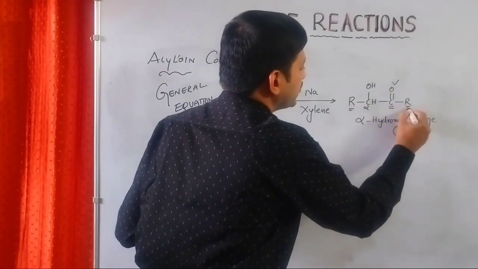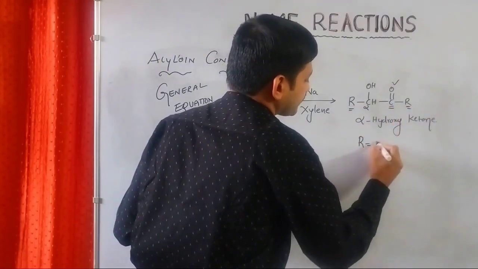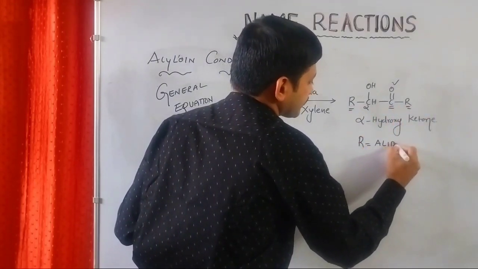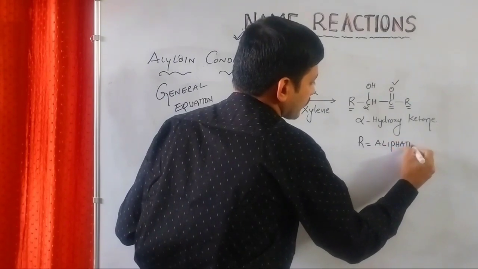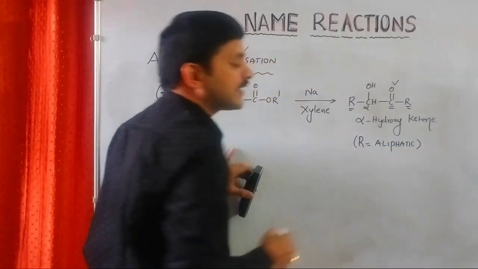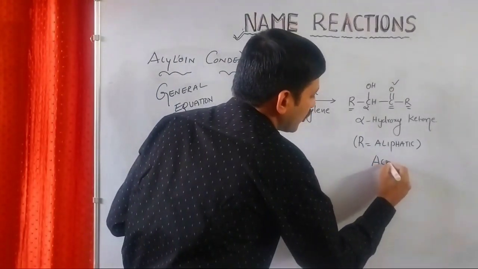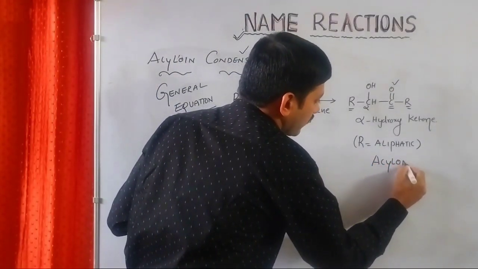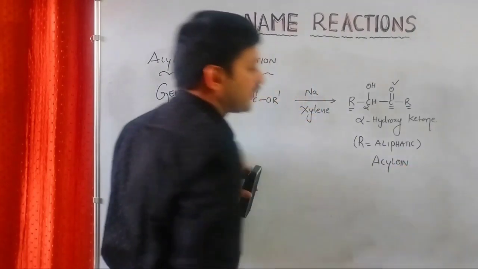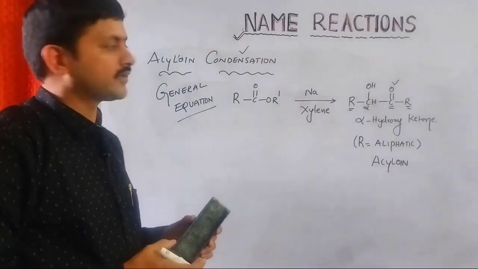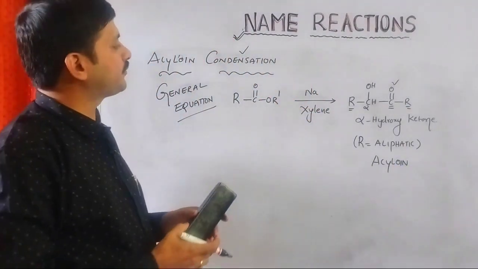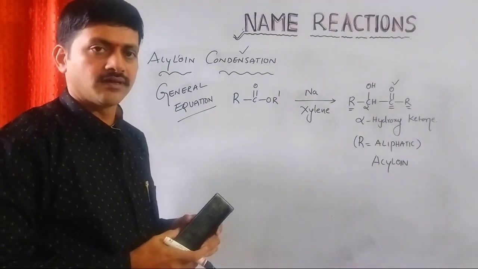Here this R group is aliphatic. If the R group is aliphatic, this alpha hydroxy ketone is commonly called acyloin.